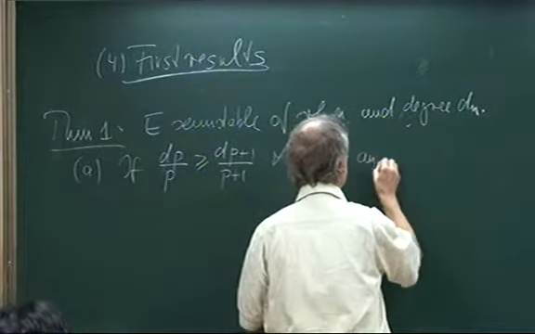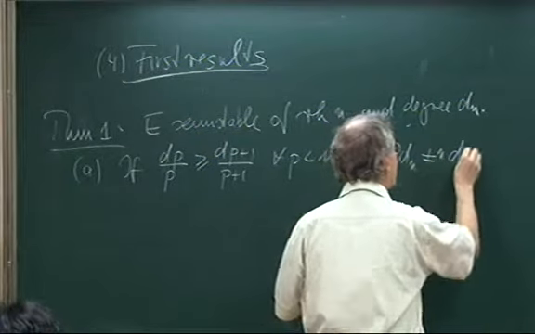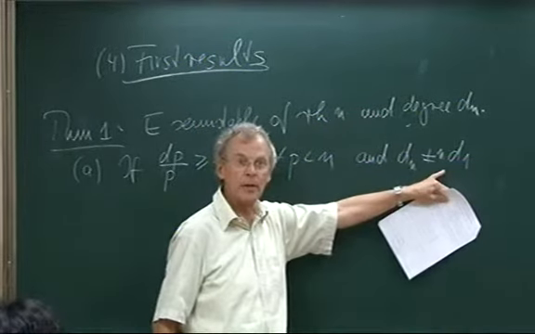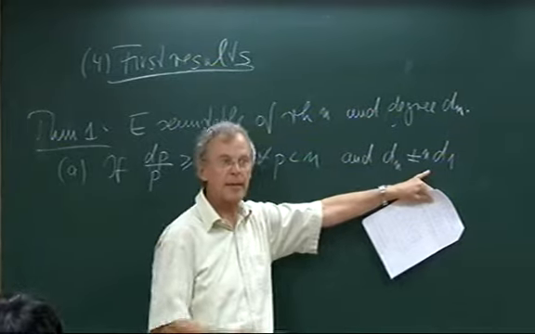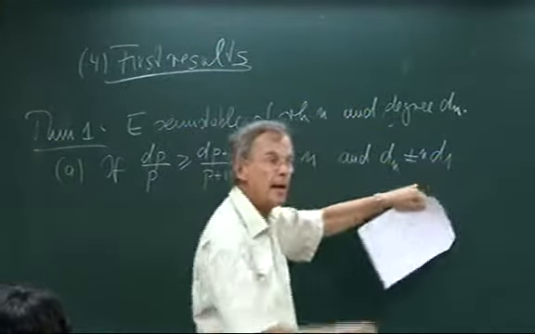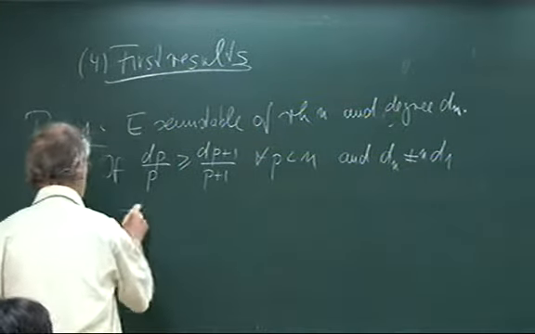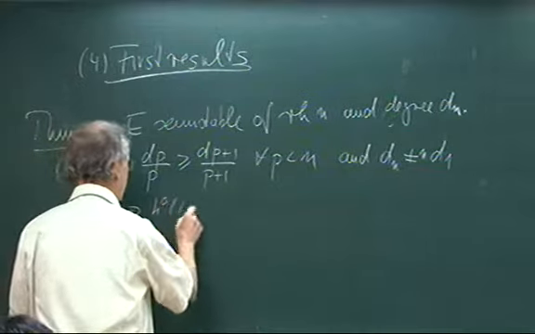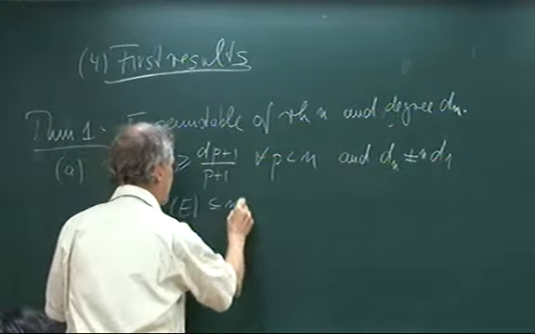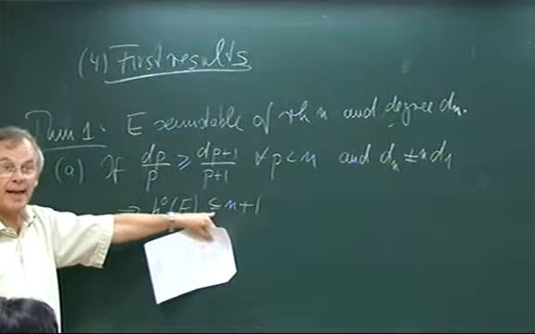And if d_n is different from n d_1, well, if it's equal here, we have this theorem of Eisenbud, so if this is different, then we have that h0 of E is less or equal to n plus 1, and actually this equality can be attained.